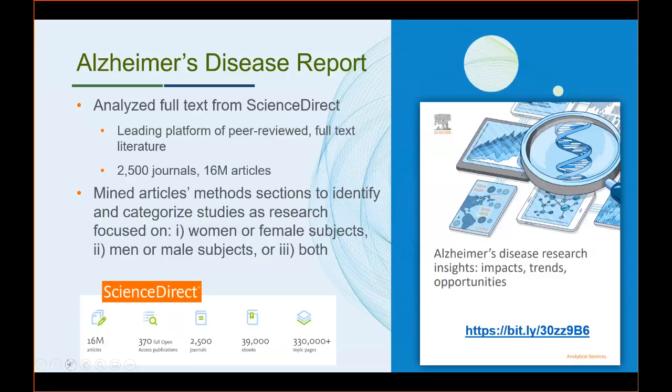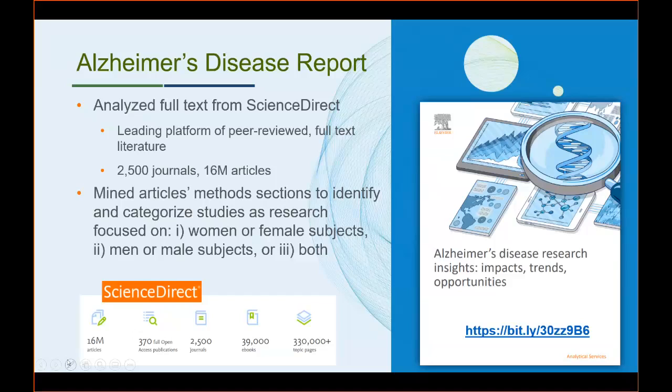Switching gears, we conducted another study to understand, considering both sex and gender, the populations and models focused on in Alzheimer's disease research. We were inspired to do this because the literature reports that Alzheimer's disease is a much larger burden for women. In this study, we analyzed full-text journal articles from the Science Direct platform, which contains over 7,600 articles about Alzheimer's disease research in just the 2014 to 2018 period.